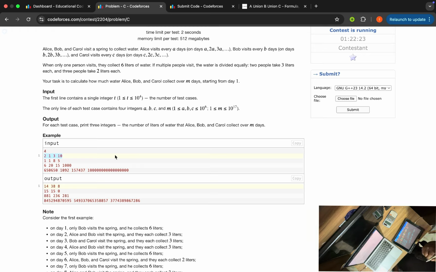So answer should be 60 minus 4 into 3 minus 2 into 3 plus 1 into 2, 44.